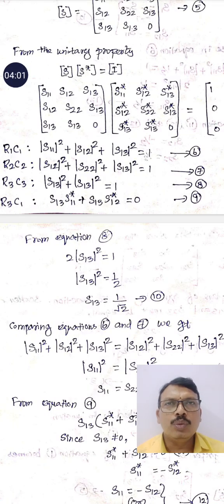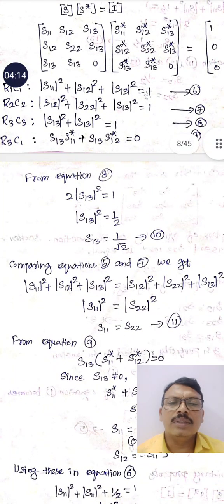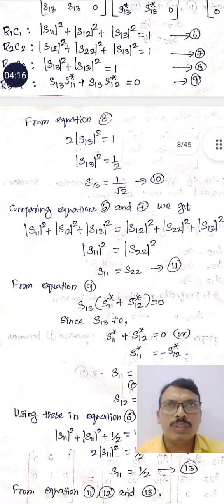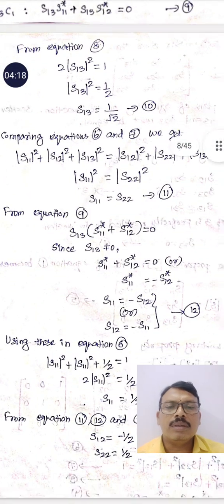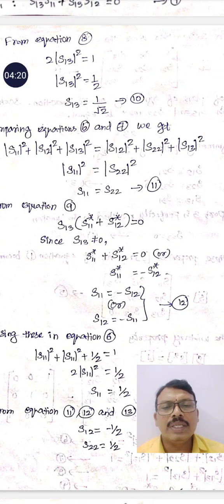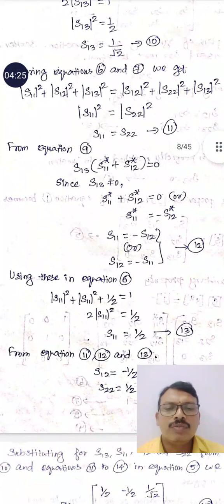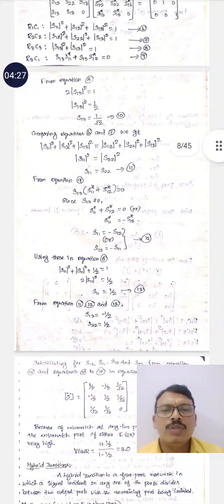Now I am going to pick the cross row and column, that is R3 and C1, which must be equal to 0. From this, solving equation number 8, I will get the S13 value. Then comparing 6 and 7, I will get the other coefficient value S11. So finally, I will get all values.